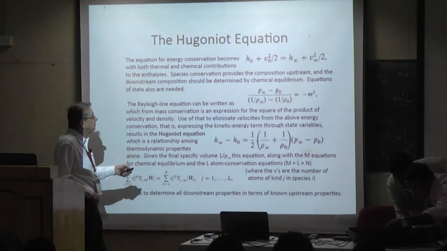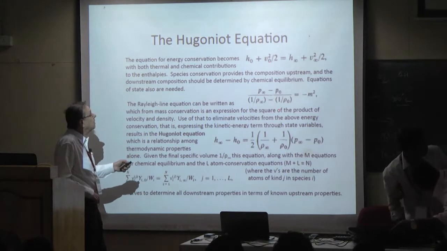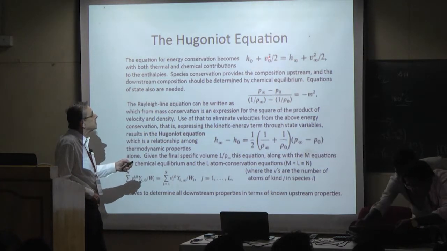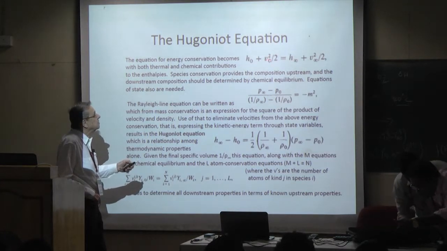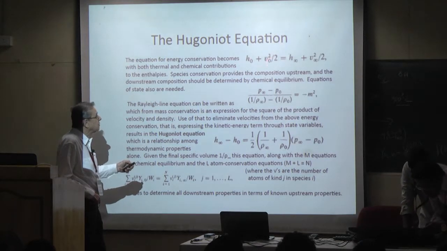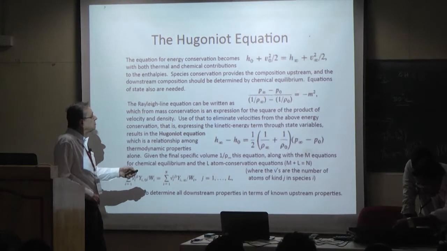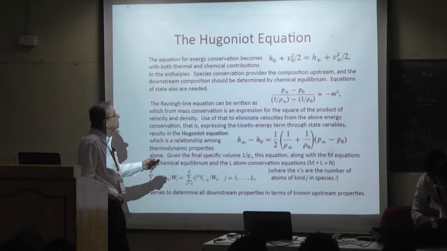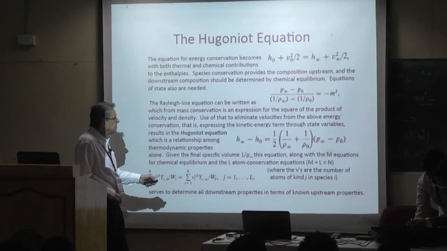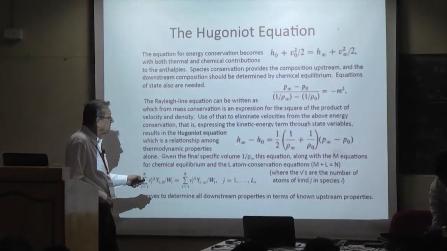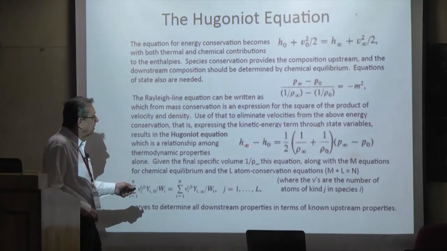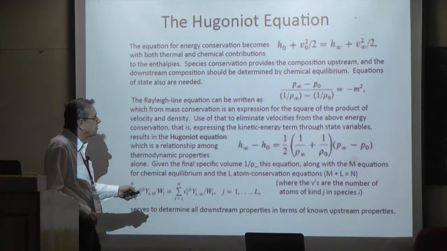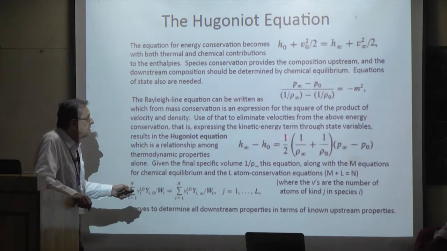In other words, you can write this v squared as m squared over rho squared, okay? And if you substitute this expression for m squared, then this equation becomes this equation down here: the final enthalpy minus the initial enthalpy from energy conservation.